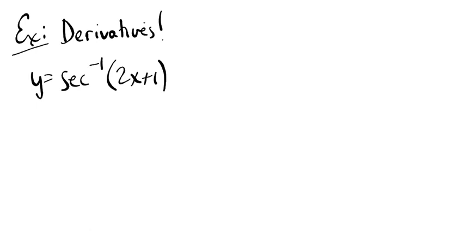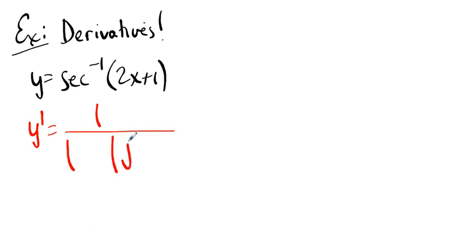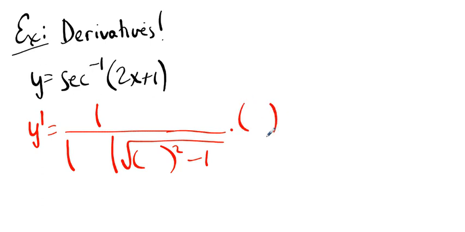And we would say, ooh, I know how to do that. I know the derivative of inverse secant. That's 1 over absolute value of the thing times the square root of the thing squared minus 1 times the derivative of the thing. And you'd be absolutely right.